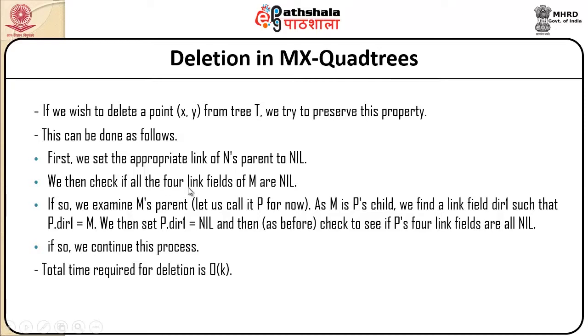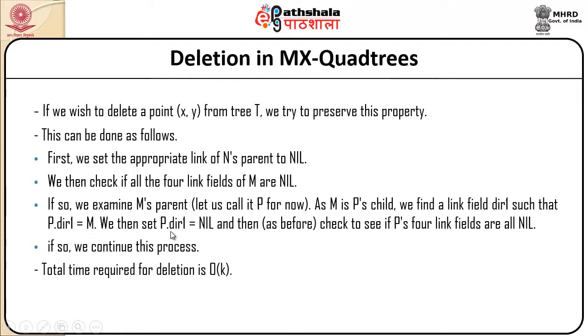First, we set the appropriate link of n's parent to nil. So, the parent of the node that is to be deleted will be set as nil. We then check if all 4 links of that particular node m are nil. If so, we examine m's parent, let us call that P. As m is P's child, we find a link field dir1 such that P dot dir1 is equal to m.